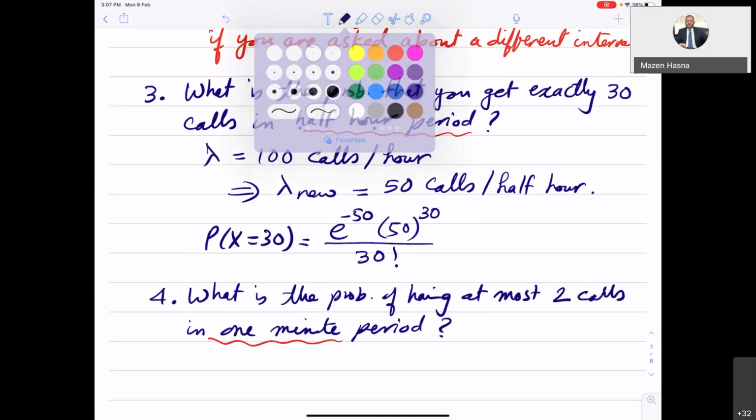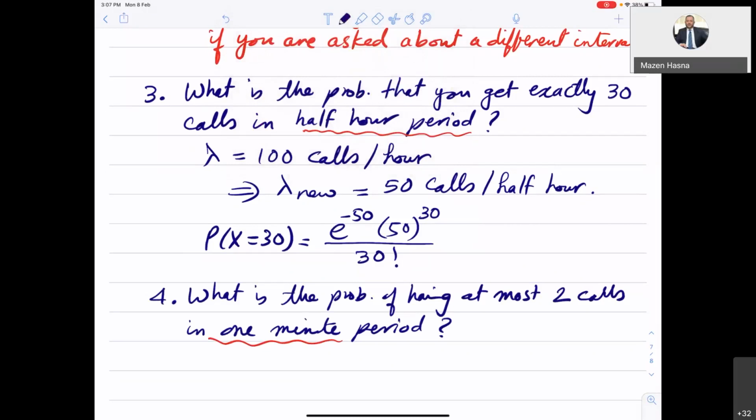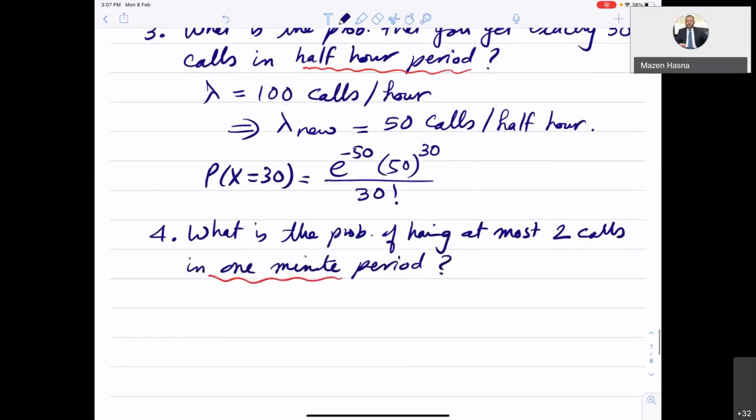The original lambda is 100 calls per hour. So how many calls in 1 minute?